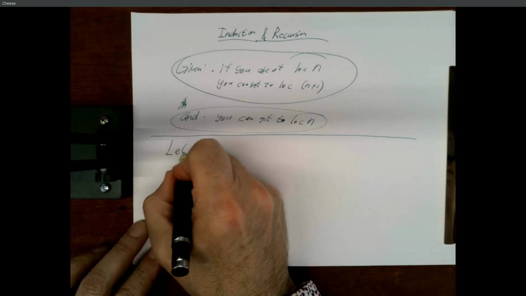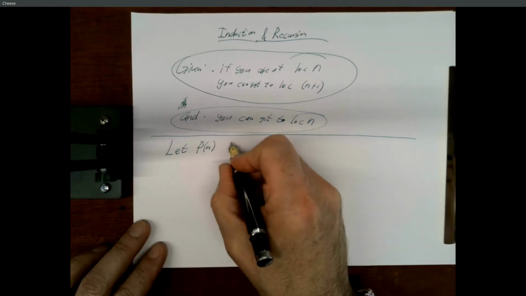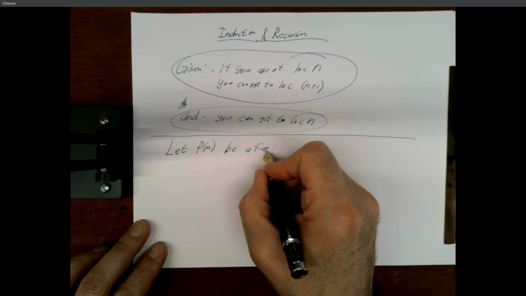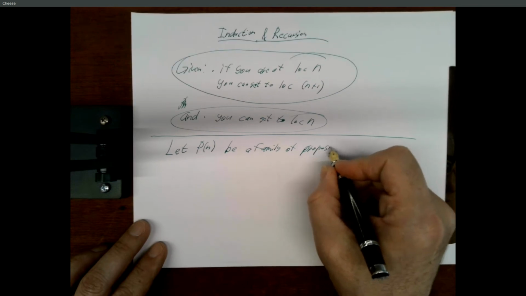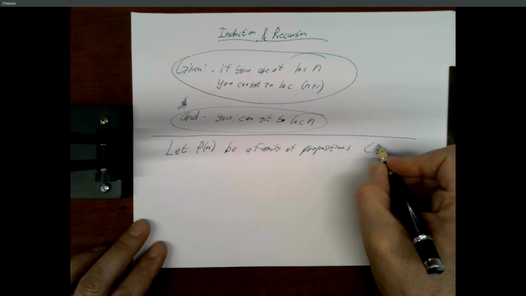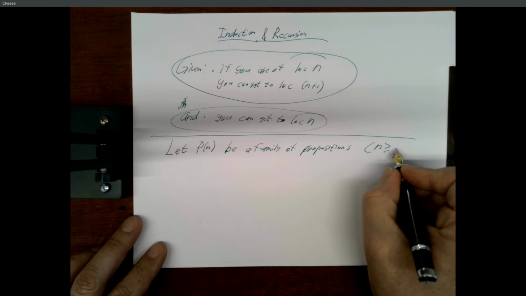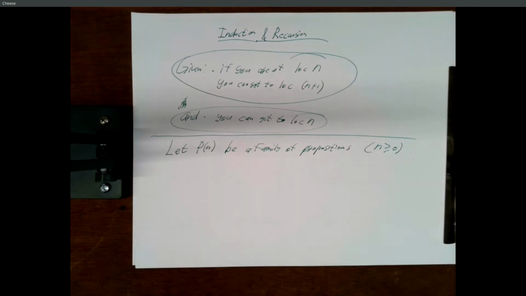So let P of n be a family of propositions, and I'm just going to say n is bigger than or equal to 0. It doesn't really matter where we start. Usually it's bigger than or equal to 0 or bigger than or equal to 1, but we could start anywhere.